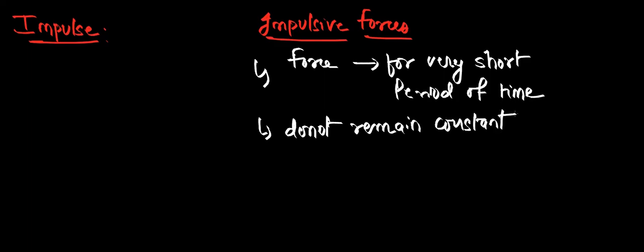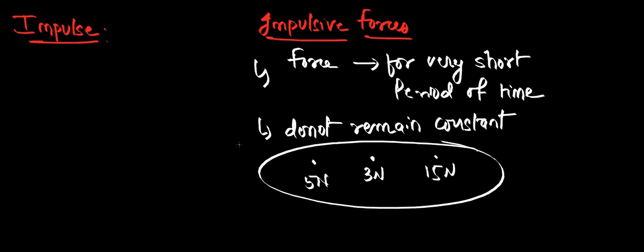So what we do is, maybe at first instant you are applying 5 newtons of force, the second instant you are applying 3 newtons, the third instant suddenly you are applying 15 newtons. So we do not take each of the forces, 5 newtons, 3 newtons, 15 newtons, separately. Throughout the journey we consider the total effect. So impulse is what?